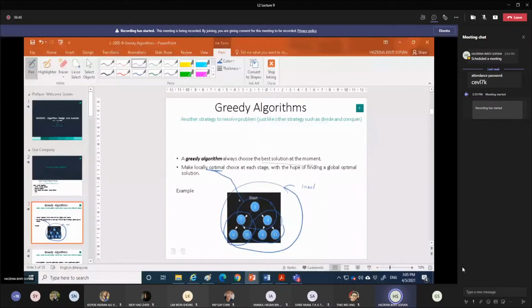So of course we will choose 20. So 10 plus 20, we will total up to 30. So 30 is the maximum to do the entire addition. So in here, we can see that we make local optimal choice at each stage with the hope of finding the global optimal solution.